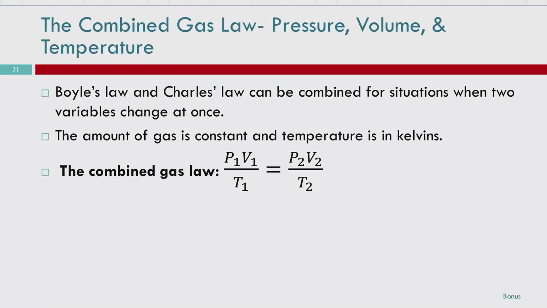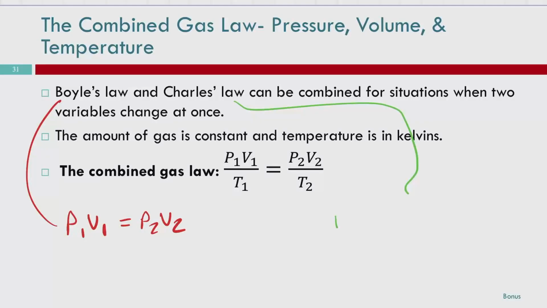So Boyle's law, P1 V1 equals P2 V2, can be combined with Charles' law, V1 over T1 equals V2 over T2. And basically, you just overlap them, right? They just overlap.